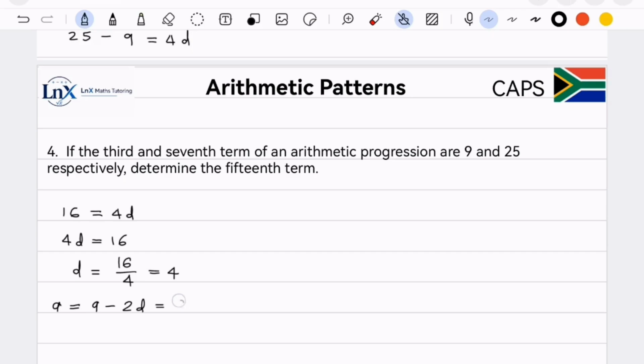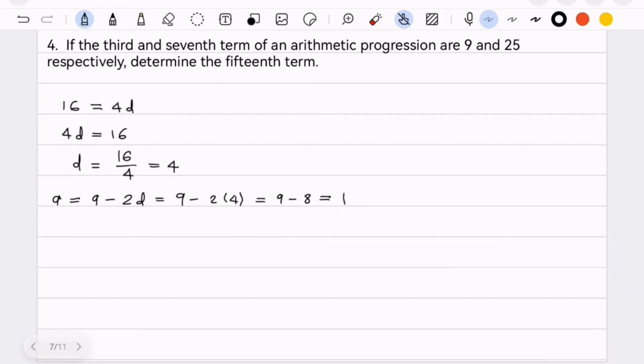So 9 minus 2, and we know d is 4, so 2 times 4. So we basically have 9 minus 8, which is 1, right? So from our general term, which is Tn equals a plus (n minus 1)d, we know that a is 1, and the common difference is 4.